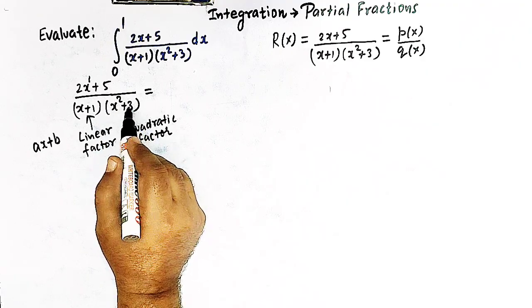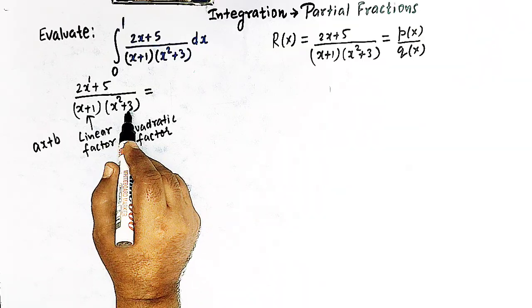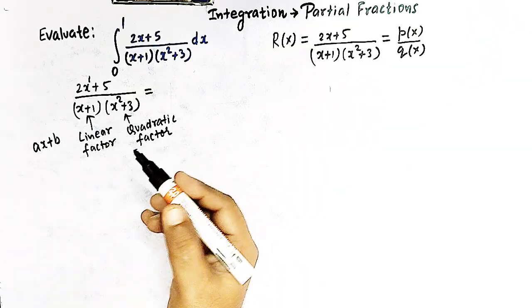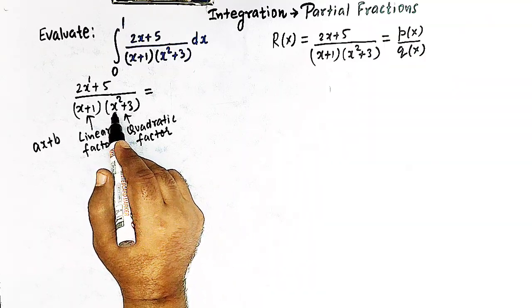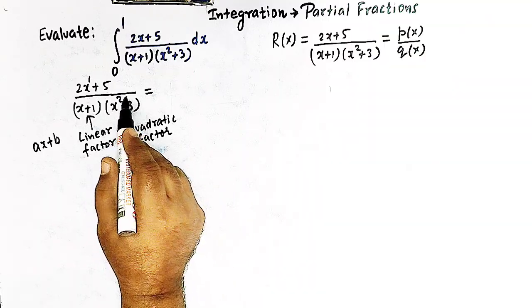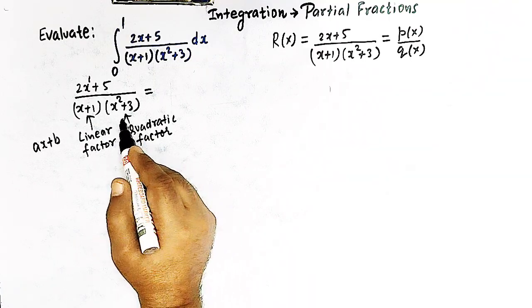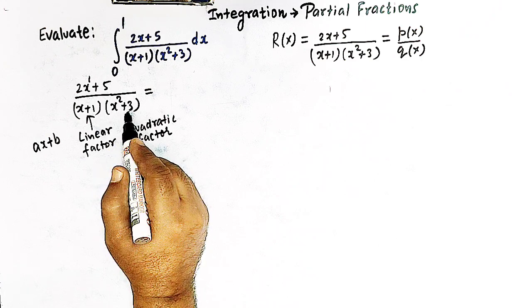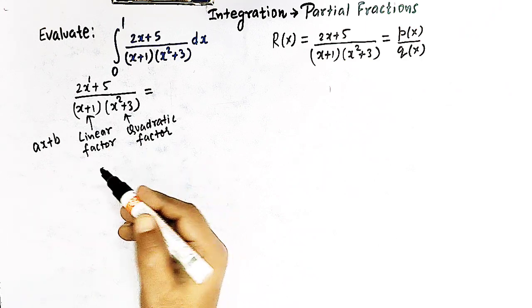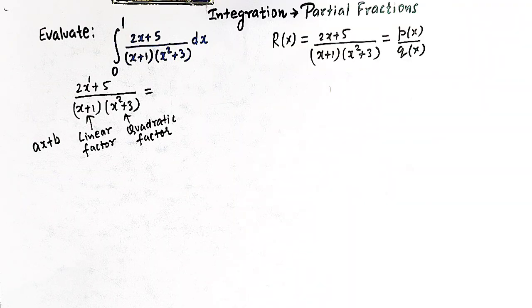We can easily see that this quadratic factor x square plus 3 cannot be resolved into real linear factors, that is, x square plus 3 is not factorizable into linear factors in the set of real numbers, right?